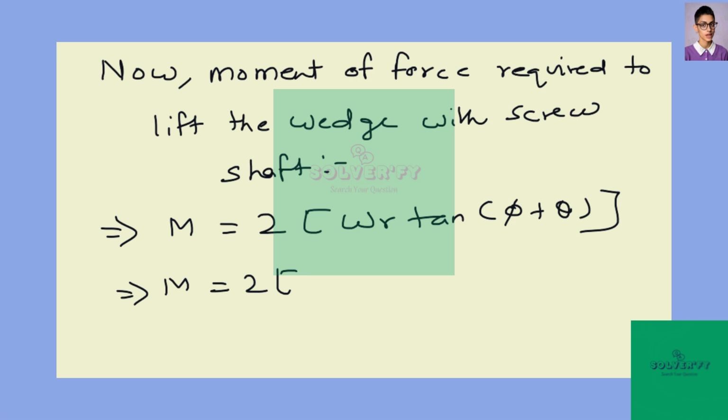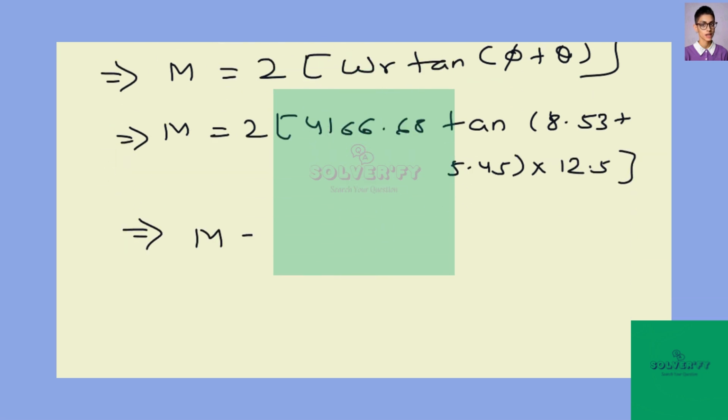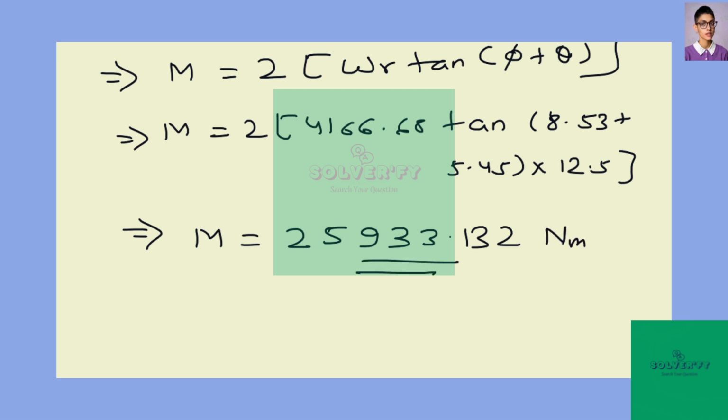So putting the values of W, R, phi and theta, we will get the value of M here. So M is coming as 25933.132 Newton meter.